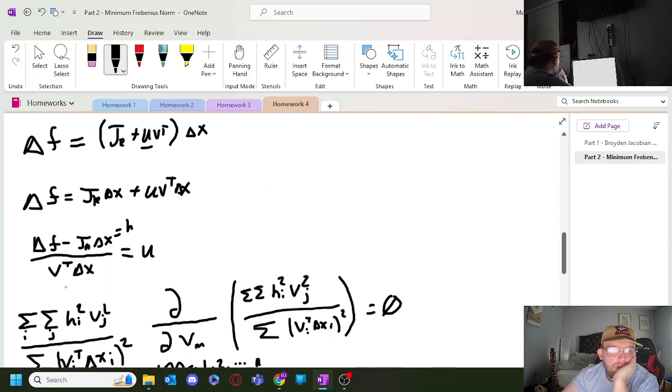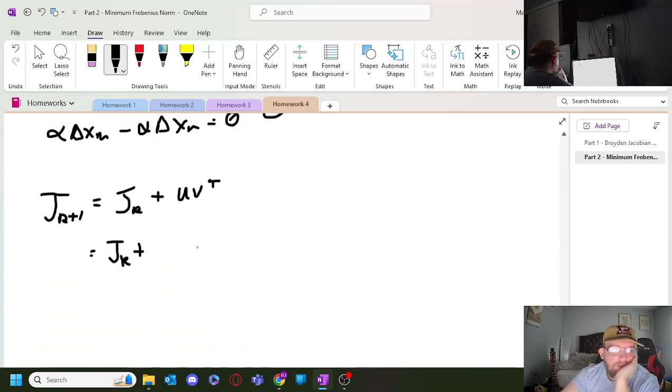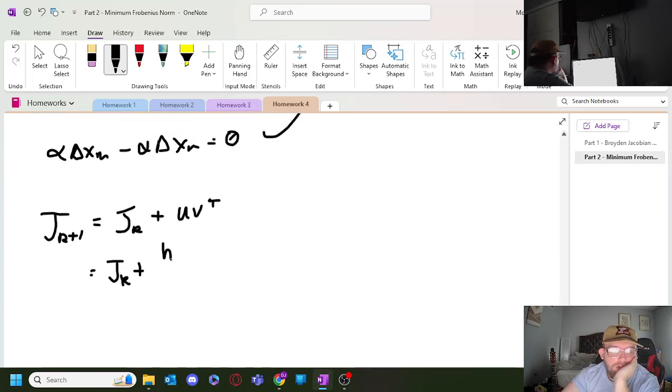Right here. So the equation for u is right up here. It is h divided by v transpose delta x. And you multiply that by v transposed.